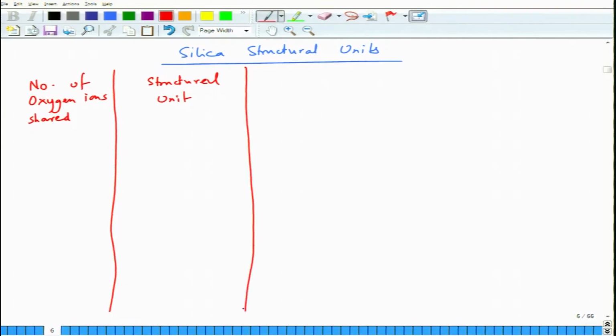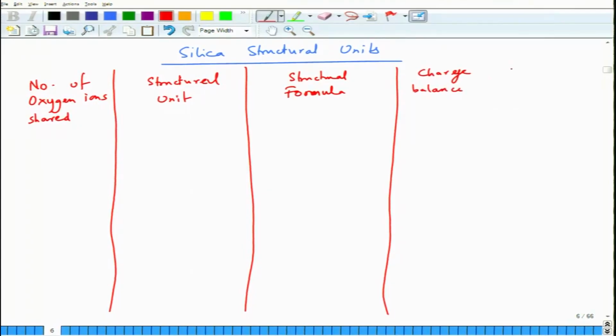Second is the structural unit, and then we write the structural formula. Then we write the charge balance. Then finally, let us look at the example.